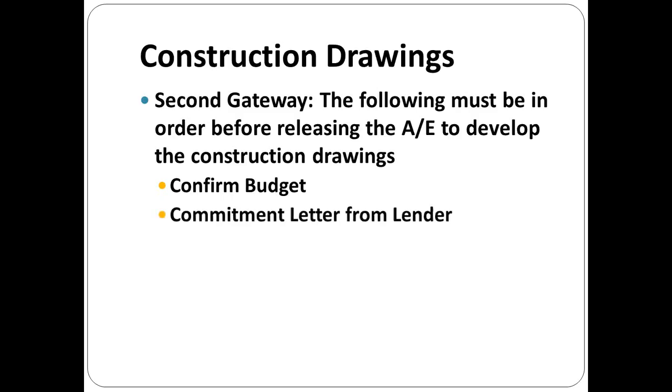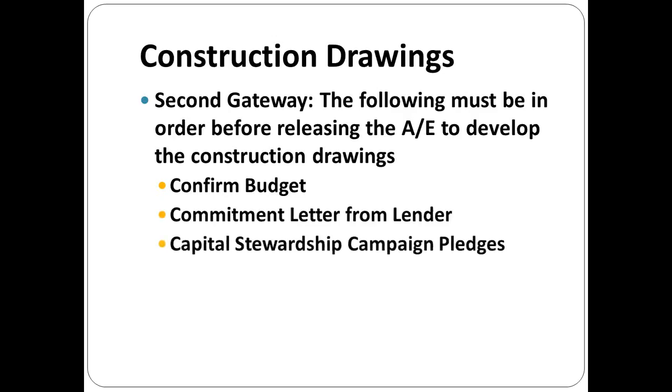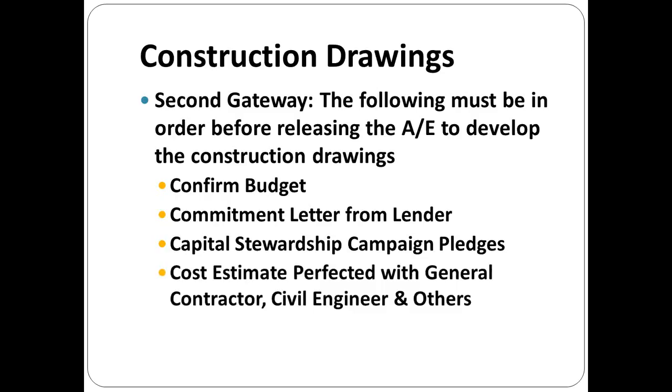You've got to confirm the budget, get a commitment letter from the lender, and capital stewardship campaign pledges, so you know how much you're going to raise, and an estimate of what percentage of that you're going to actually get. You've got a cost estimate, perfected by maybe a general contractor that you've selected or a group that you've invited to help you, to give them a chance to bid on the project, depending upon the delivery system you select.